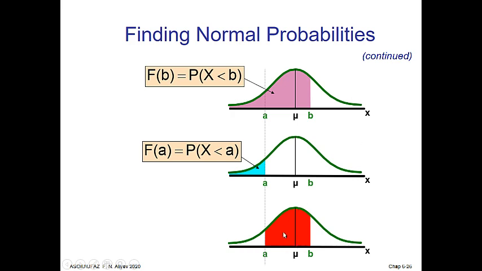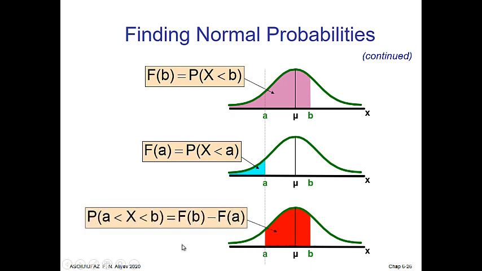As you know, this area equals this area minus this area. So we can find it as F of b minus F of a, and we can say that the probability of x being between a and b equals F of b, the left side area from b, minus F of a, the left side area from a.